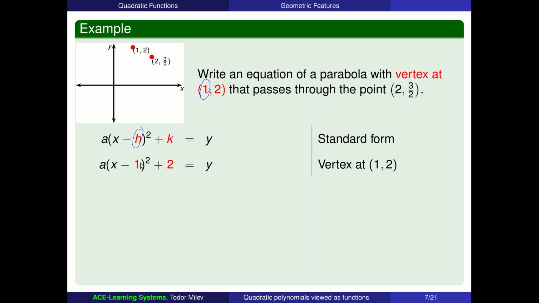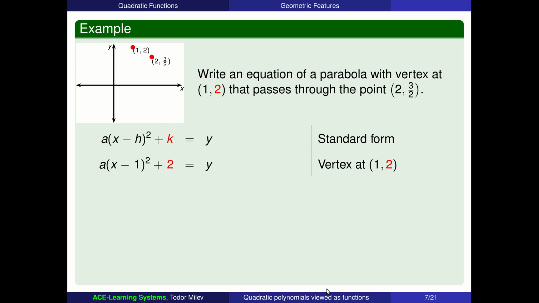So h is 1, that's the first coordinate here, and k is 2, that's the second coordinate here. That's this point.